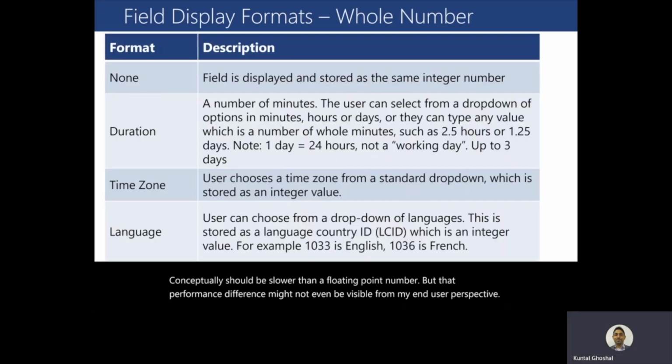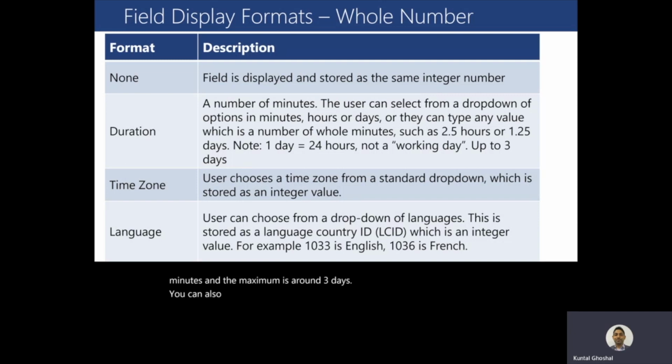Now, for a whole number, these are the display formats. If you choose none, then it's displayed as it's entered, as an integer value. You can also choose duration, which is a number of minutes, and the maximum is around 3 days. You can also choose time zone as a display format, and in that case, the time zone will be displayed as a standard dropdown.